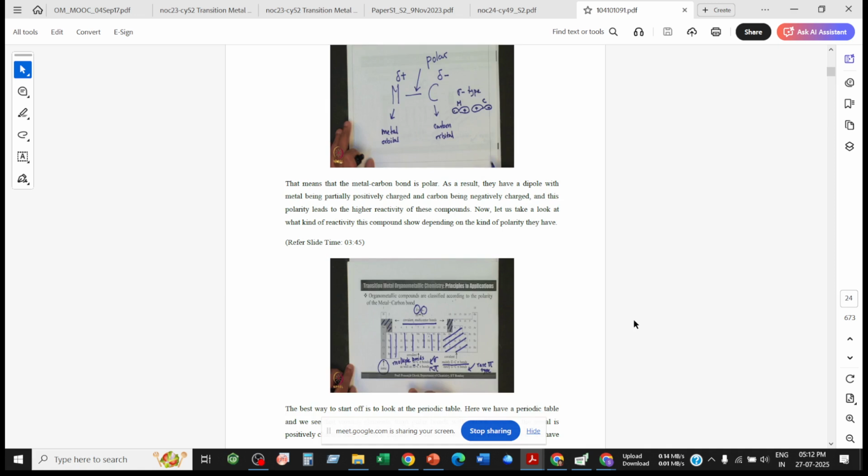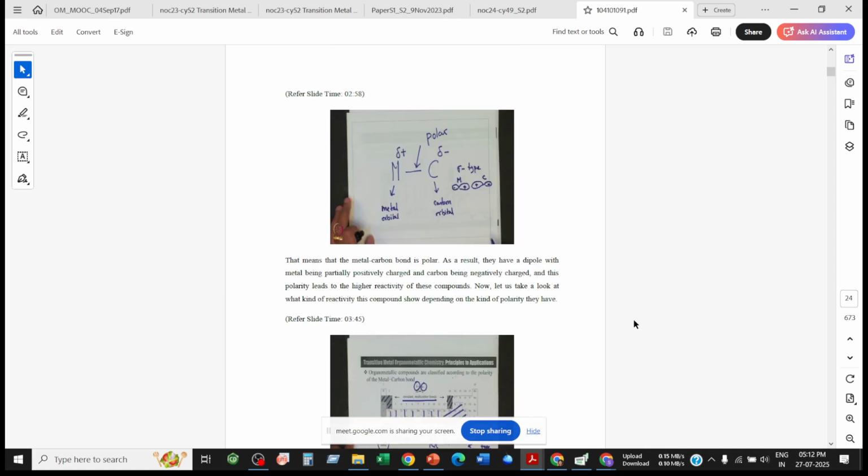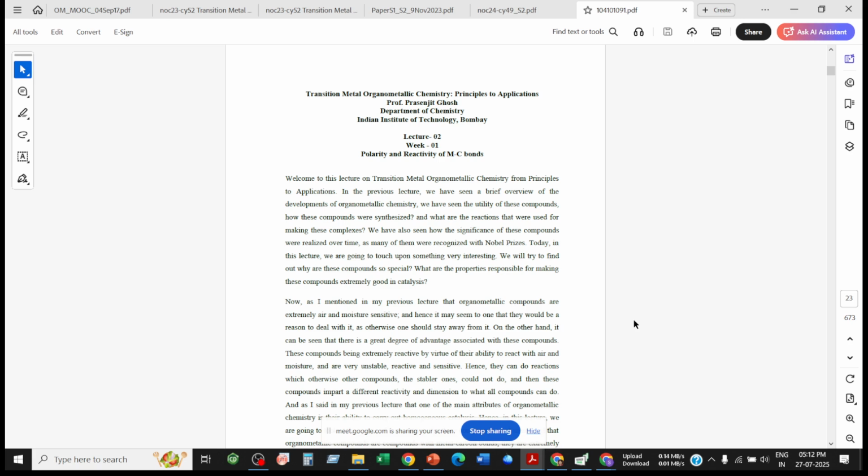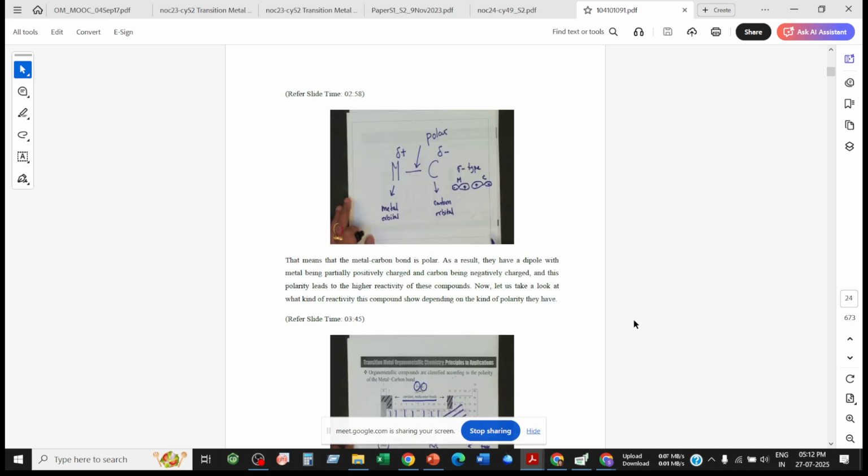Another important question is on metal carbon multiple bonds. Three types of bond are there when you are considering the metal carbon bond: the metal carbon sigma bond, the metal carbon pi bond, and the metal carbon delta bond. But the formation of these three bonds is not independent.